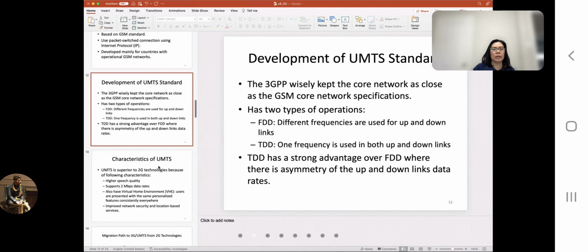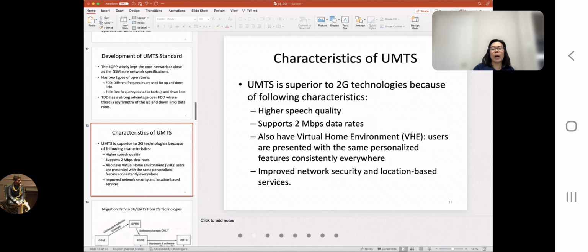Okay. All right. So UMTS is better than 2G technologies for sure, right? Because of the following characteristics. First, the voice quality is much higher. It can support up to 2 megabits per second data rate.